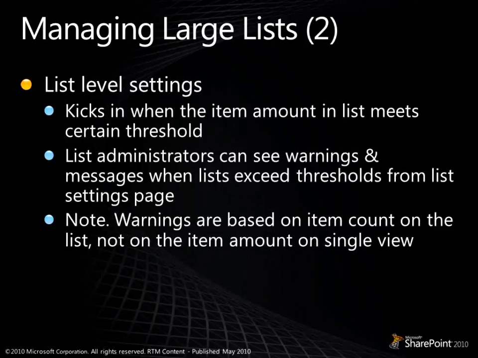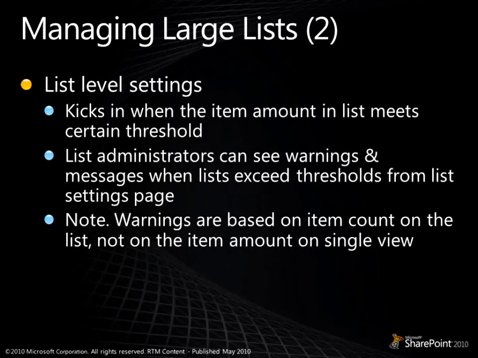On a list level, you'll see a warning on the list settings page if the amount of items exceeds the warning threshold. It's important to notice that the warning is based on the total amount of items in a list. This has nothing to do with the query limiting though.